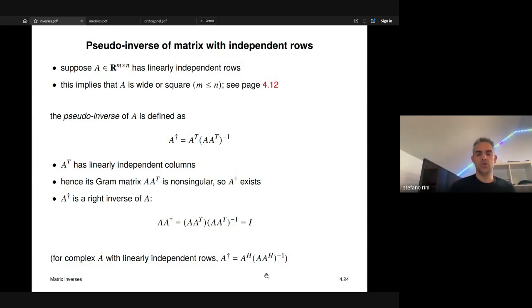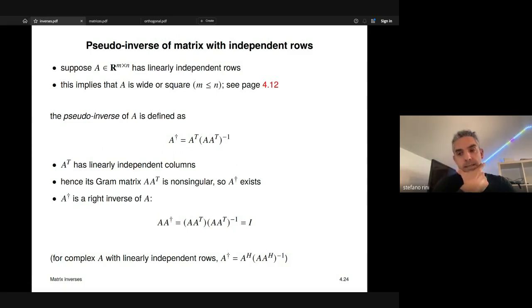So good. We figured out that what we knew before the class was how to invert square matrices that were non-singular. But if you look at the family of all possible matrices, there are not that many matrices that have these nice properties.